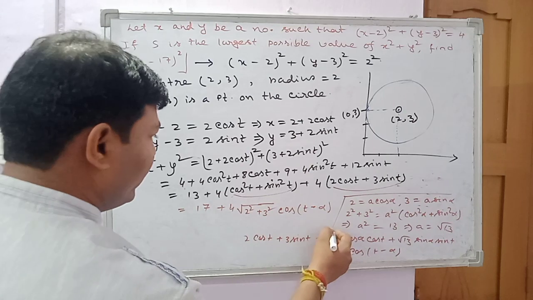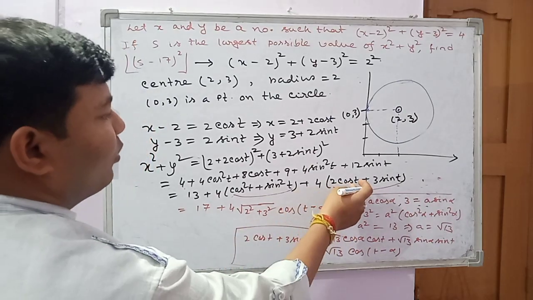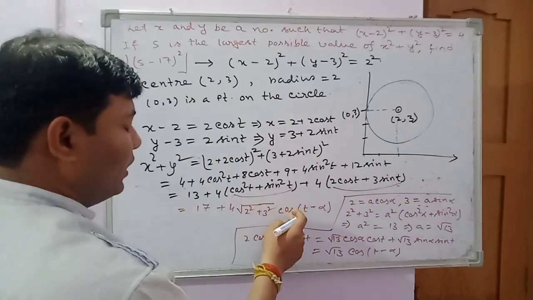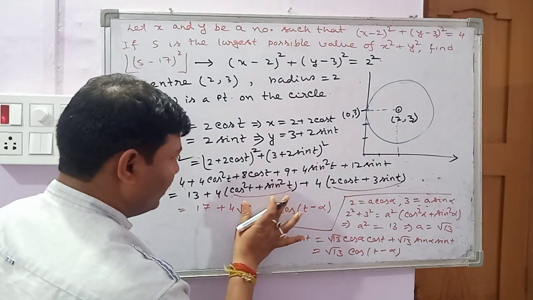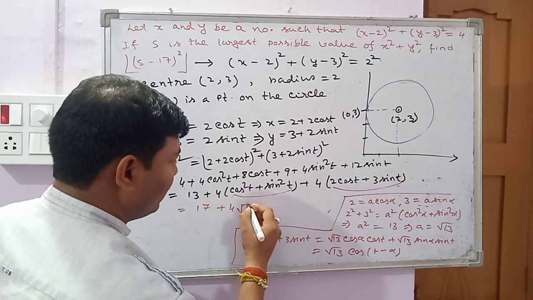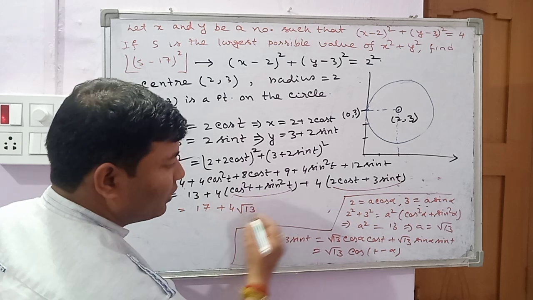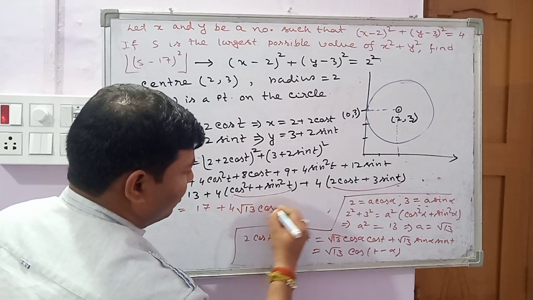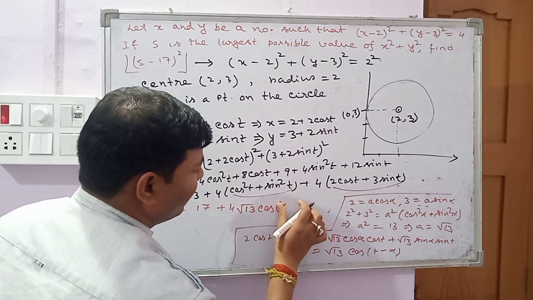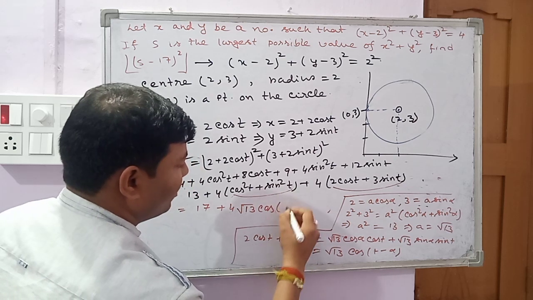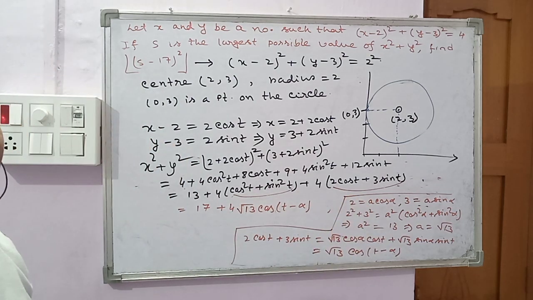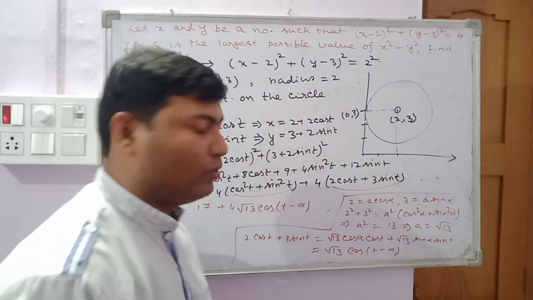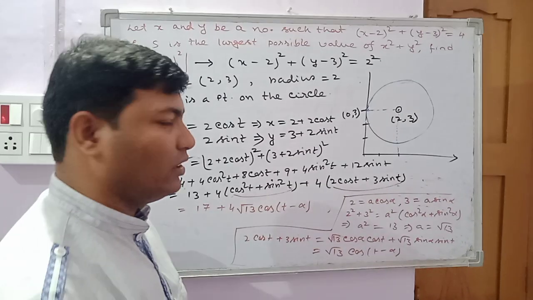Thus 2 cos t plus 3 sin t equals under root 13 cos of (alpha minus t), whatever may be. Now it becomes easier.